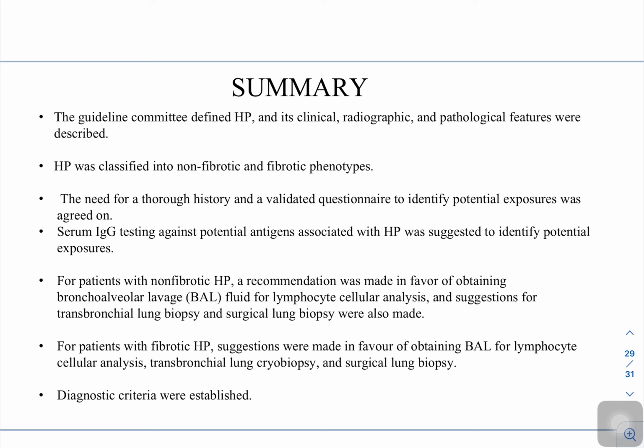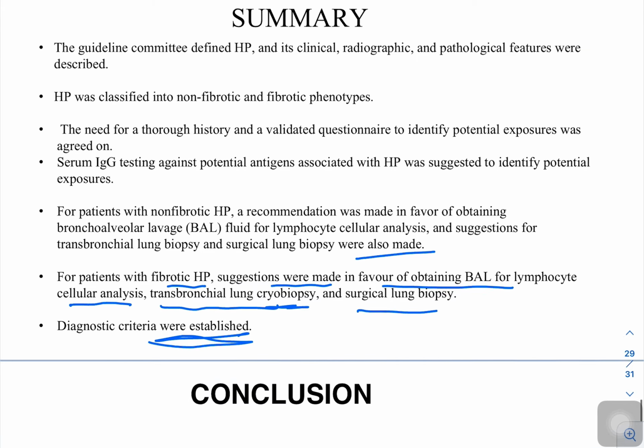For patients with non-fibrotic HP, a recommendation was made in favor of obtaining BAL for lymphocyte cellular analysis, and a suggestion for transbronchial lung biopsy and surgical lung biopsy was also made. For patients with fibrotic HP, suggestions were made in favor of obtaining BAL for lymphocyte cellular analysis, transbronchial lung cryobiopsy, and surgical lung biopsy. And they also established diagnostic criteria.